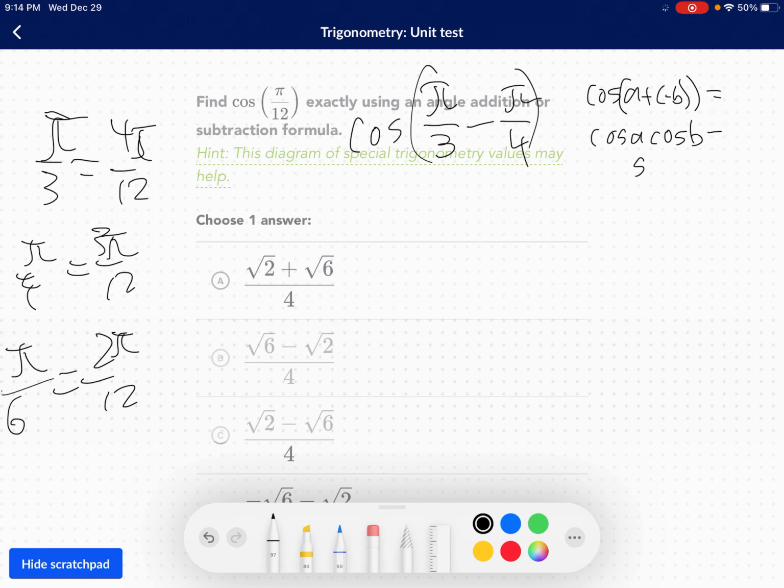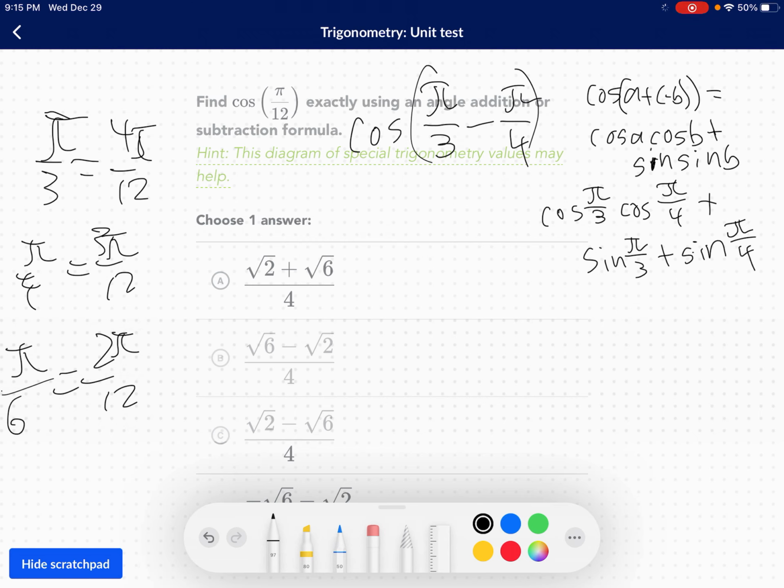And then minus sine A sine negative B, or you just negate this symbol and just put sine B. So cosine of pi over 3 cosine of pi over 4 plus sine pi over 3 sine pi over 4.